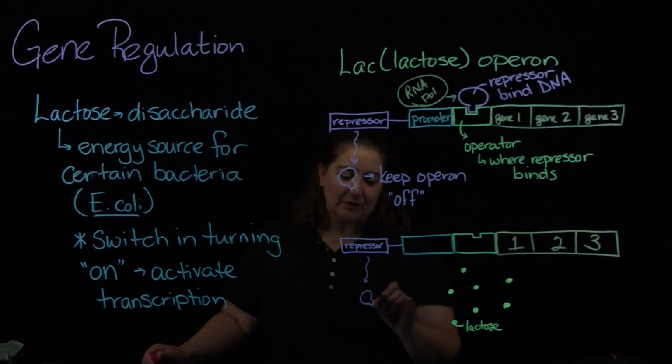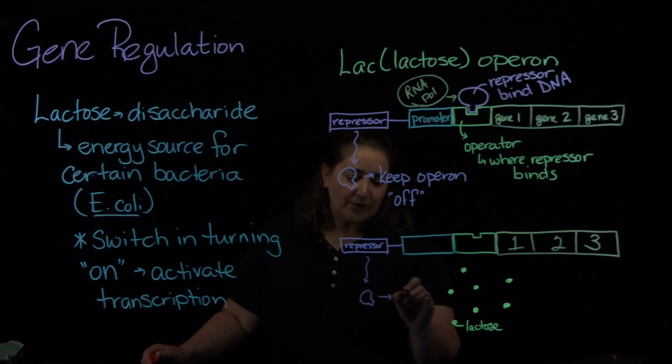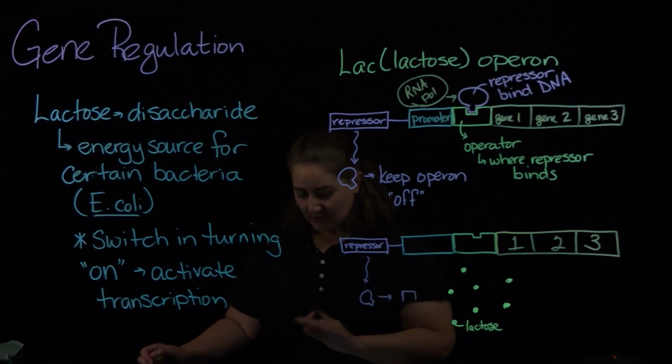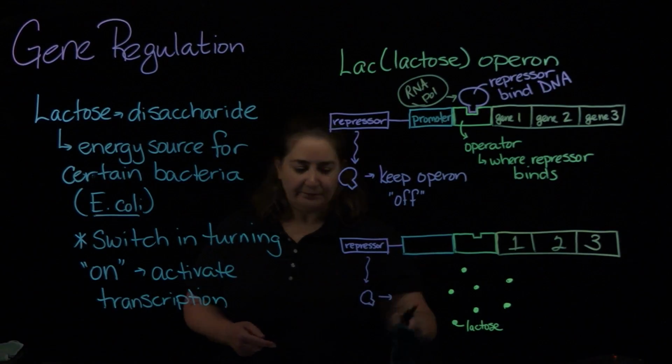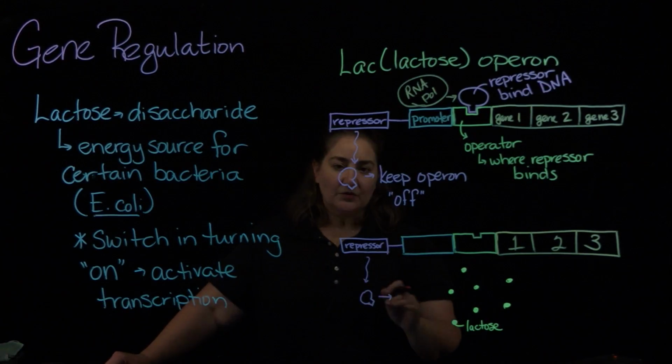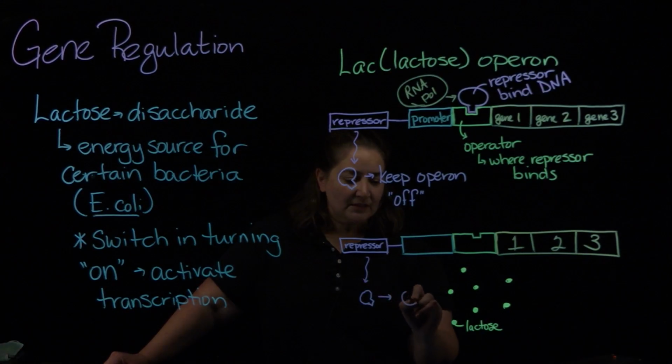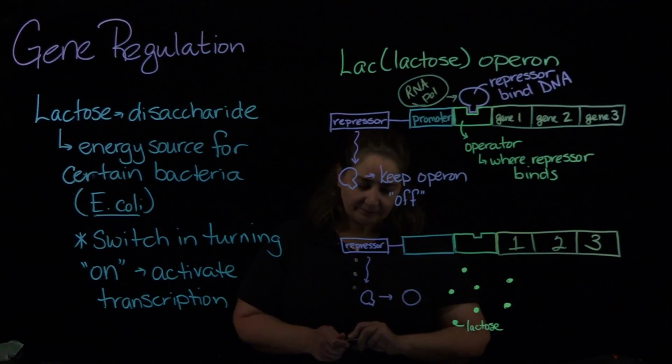But what happens with our repressor, I should make this, hold on. Let me do a better shape here, okay? Because we've got our mushroom here. I'm going to make this now a circle.